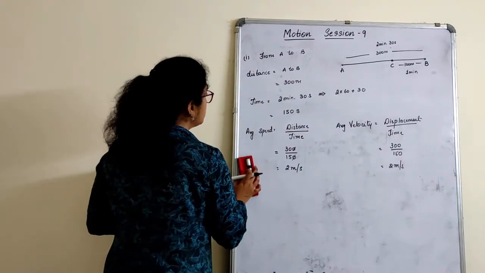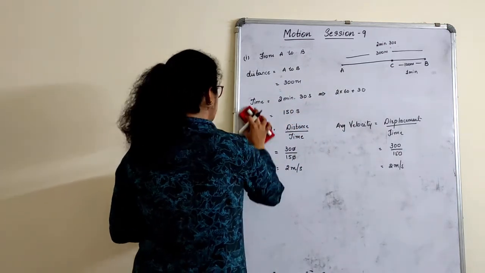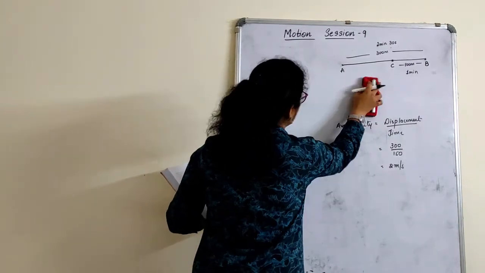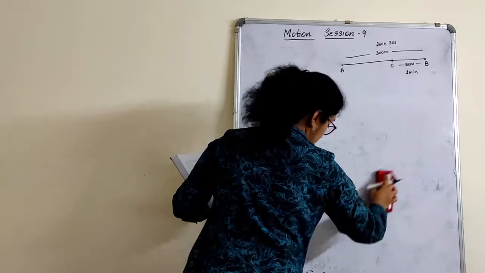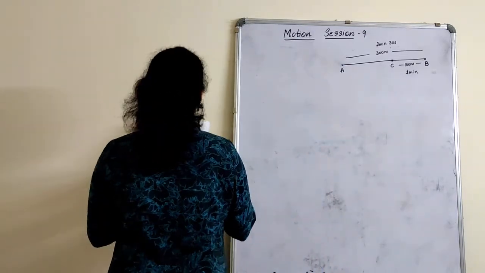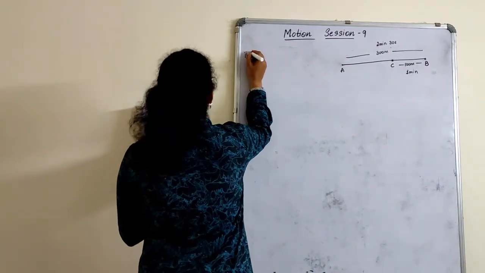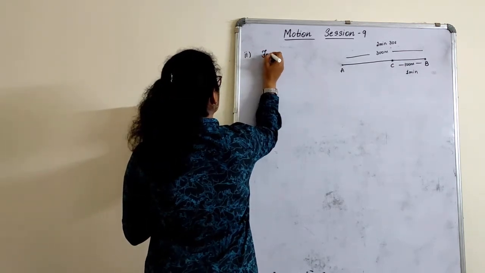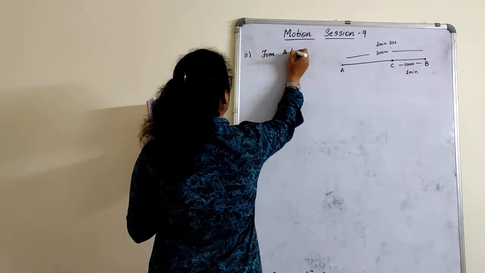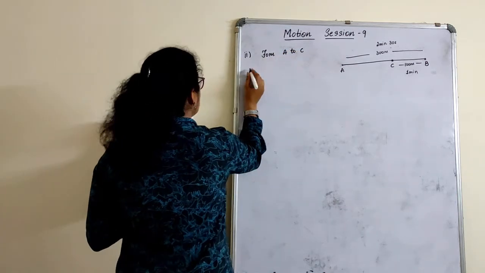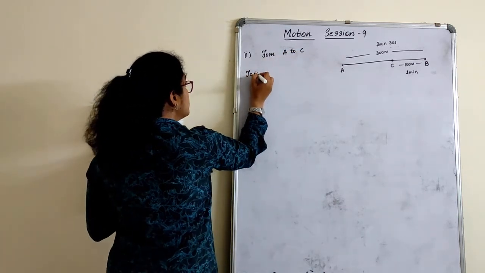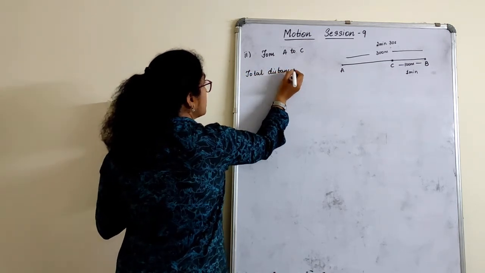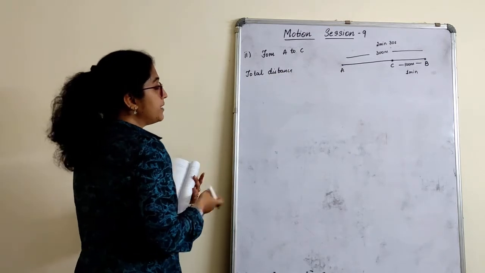Shall I erase this? They have only asked, they have not asked us to give a conclusion or anything. Let's see the second condition they have given. The second condition says that from A to C, total distance: first the body has to go from A to B, right?